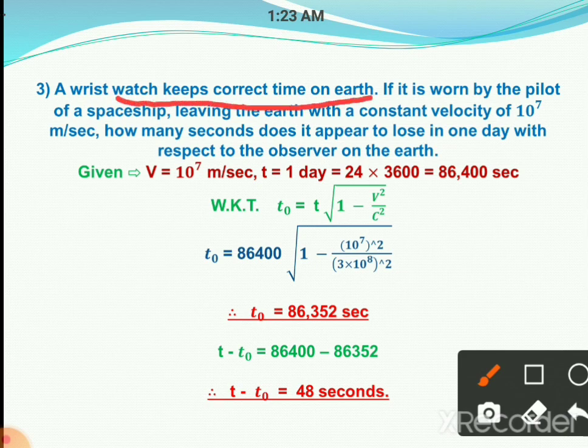If it is worn by the pilot of a spaceship, leaving the Earth with a constant velocity of 10 to the power 7 meter per second, how many seconds does it appear to lose in one day with respect to the observer on the Earth?